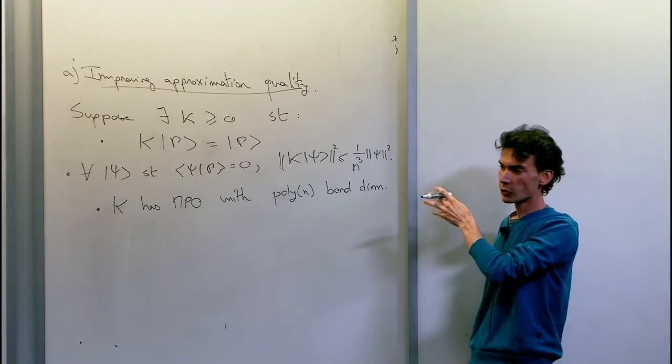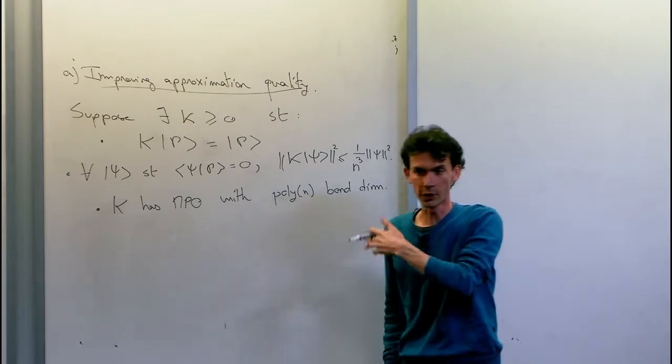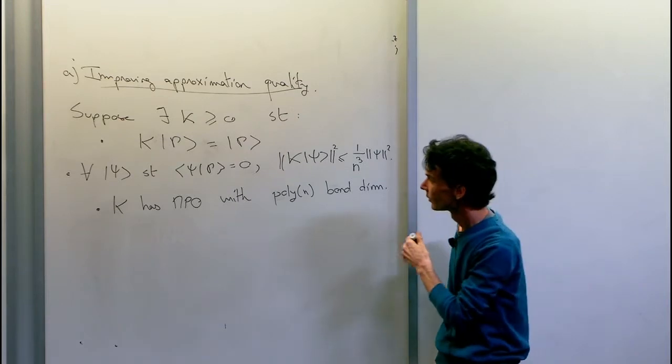So I want to claim that if I have such an operator, I can accomplish step A, and then I want to tell you how to get such an operator from the local Hamiltonian.